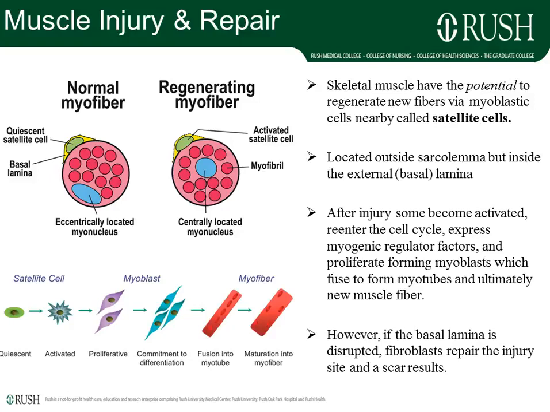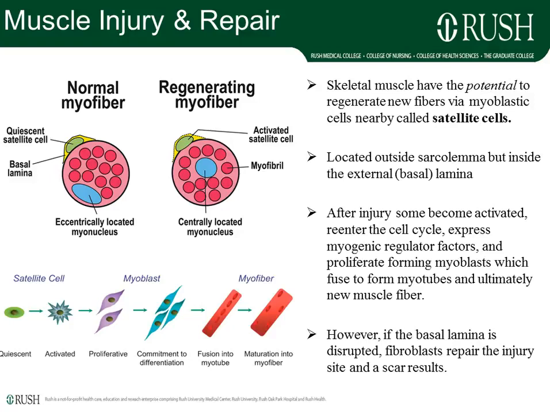And if there's a satellite cell present, they can become activated, re-enter the cell cycle, and proliferate to form myoblasts, which fuse to form myotubes and ultimately new muscle fibers. Very similar to the process that occurs prenatally.